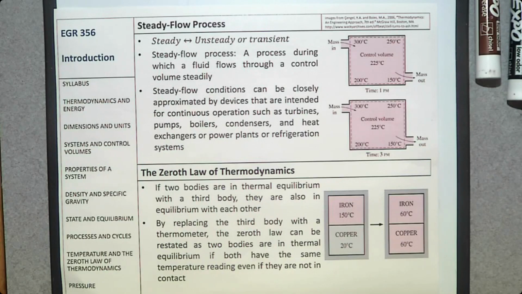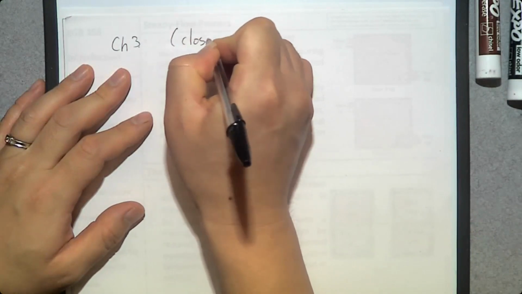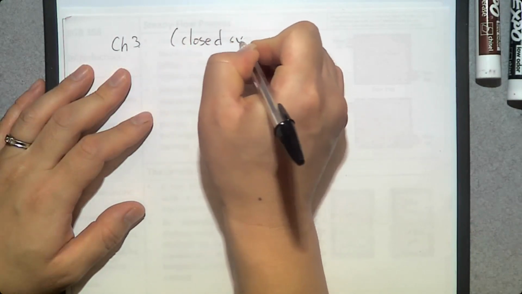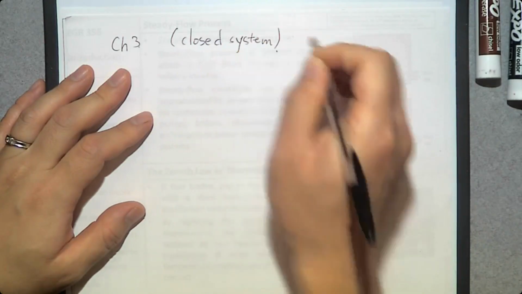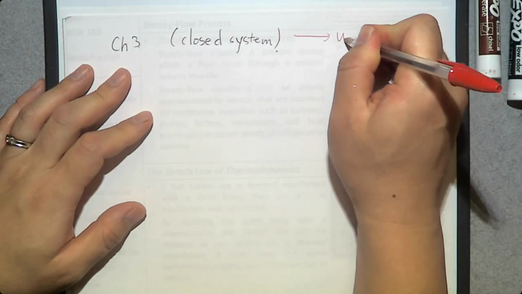In this course, we are going to study both steady and unsteady processes. In chapter 3, we are going to study a closed system, especially unsteady processes.